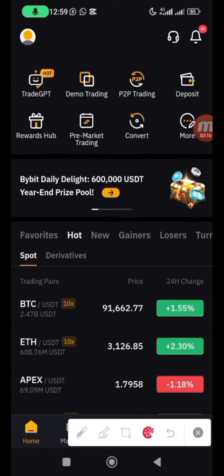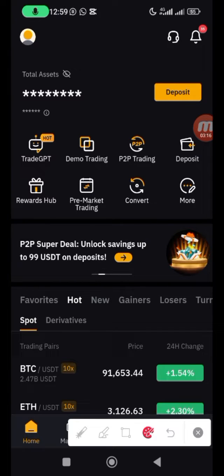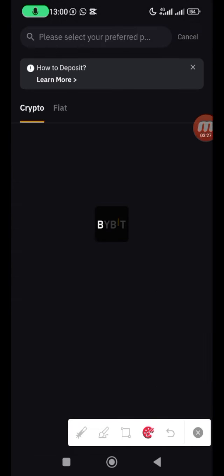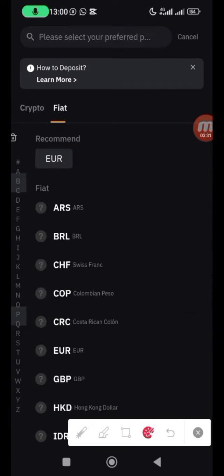Okay, this is the home page. In this home page we have deposits. Let's click on deposit. If you want to deposit crypto, just click on deposit crypto, and we also have fiat.